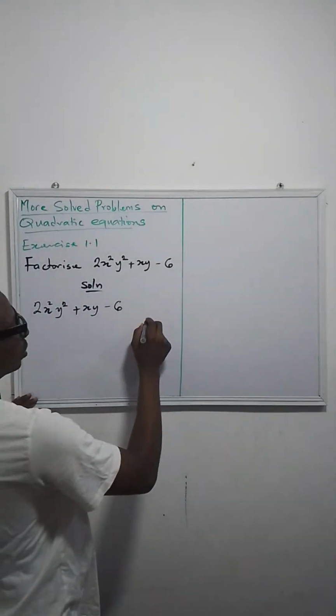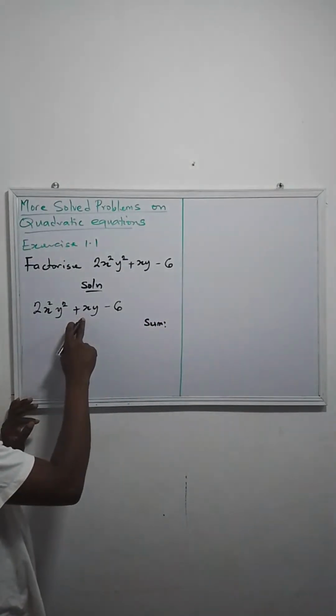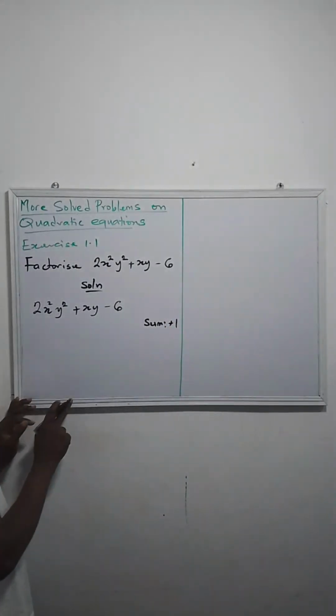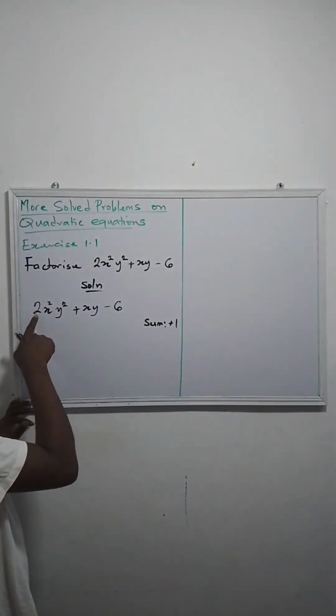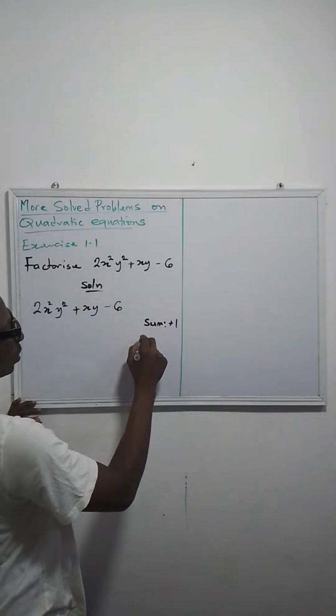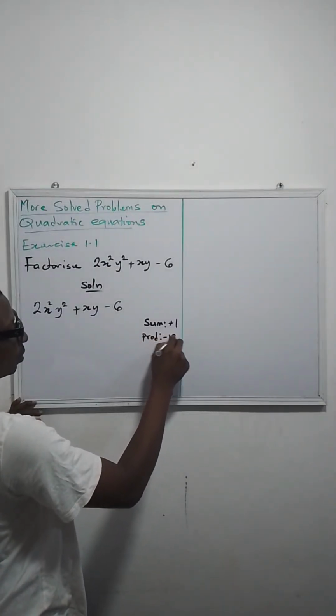The sum is the coefficient of xy, and that is plus 1, while the product is the multiplication of 2 and negative 6. That gives us negative 12.